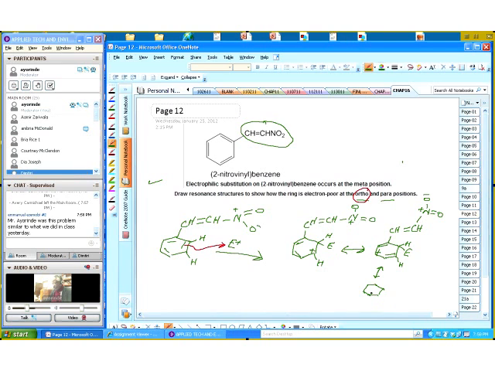Okay, so now we have that. So we move that, this double bond is now here, this is now here, and now the positive charge will be here, and this is still attached to this, okay.